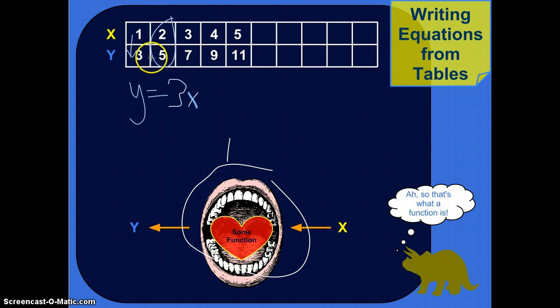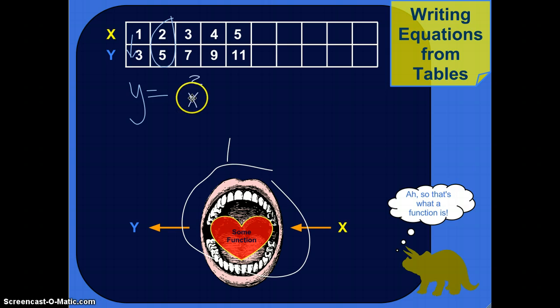That works for our first point here. If you plug in a 1 for x, you multiply by 3, and you get a 3. That works. What about this 2 and 5? Well, if I plug in 2 for x into this function, this process, I would say 3 times 2, which equals 6, not 5. So again, that doesn't quite work.